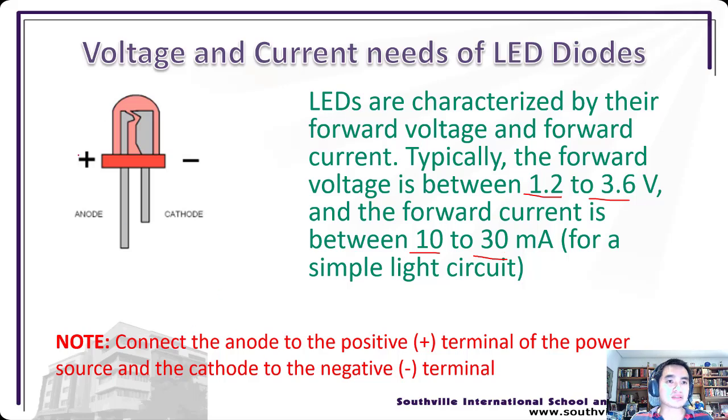And always when we connect the circuit for LEDs, we connect the positive part of the battery to the anode. This is the positive part of the LED. It will have a longer leg, and the electricity flows out on the negative part, the cathode. So we'll connect the anode to the positive part of the battery, and the electricity will go over here, light up, and then flow out of the cathode.